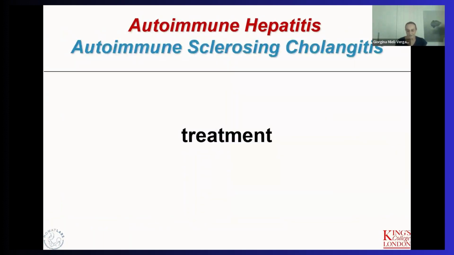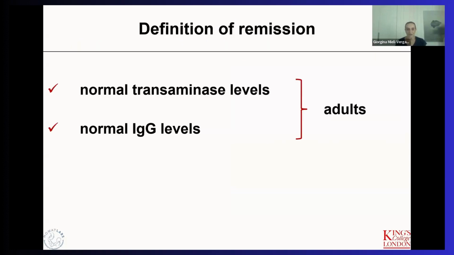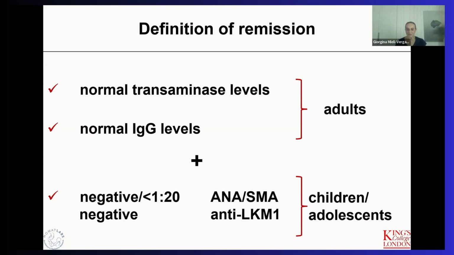What about treatment? We treat autoimmune hepatitis and autoimmune sclerosing cholangitis in the same way at presentation, and we want to achieve remission. What is remission? In adults, remission is considered when you achieve normal transaminase levels and normal IgG levels. But in children, we are much, much more demanding.